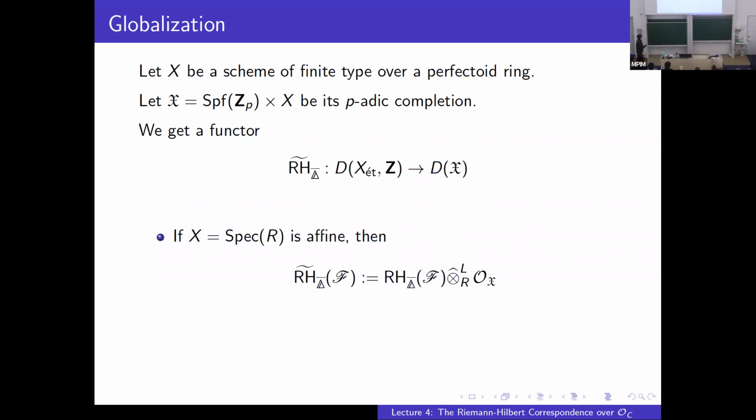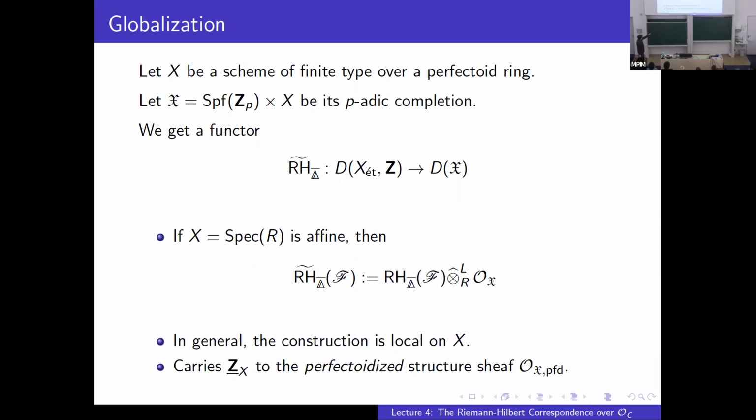This construction is essentially determined by the requirement that when X is affine, it's the construction we were already talking about. Namely, we apply RH prism, we view that as an R module, and then we just take the associated quasi-coherent sheaf, and it's local on X. It's compatible with Zariski localization.